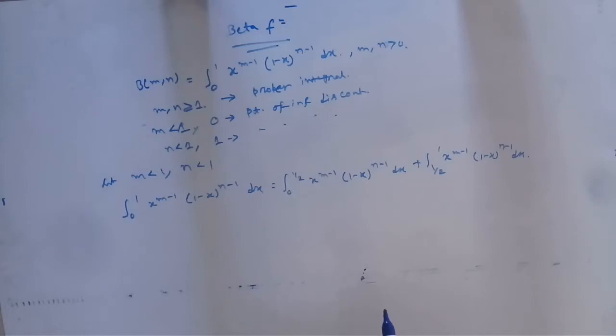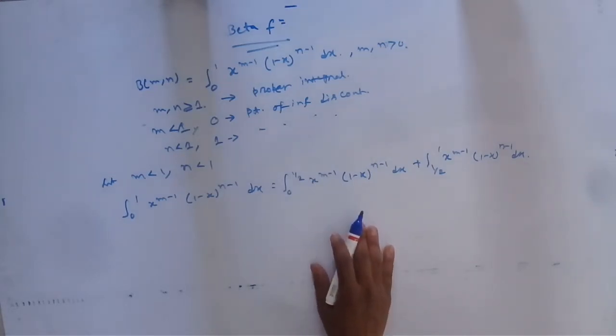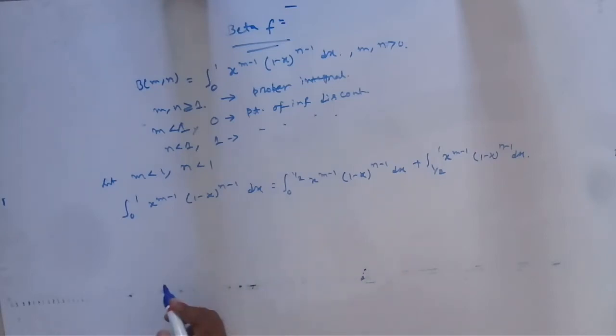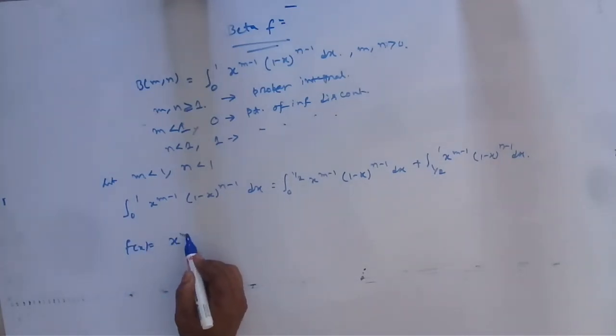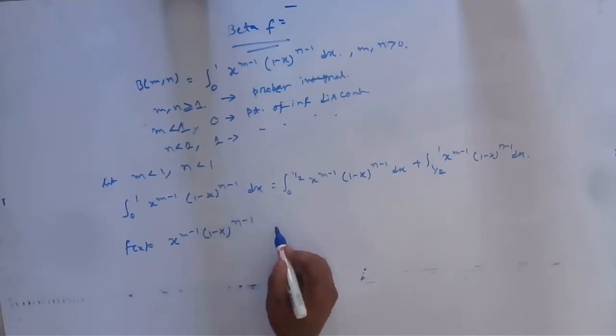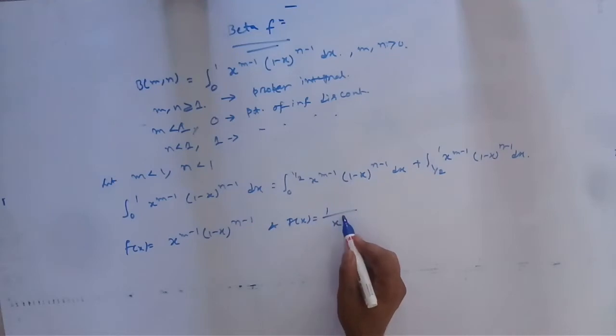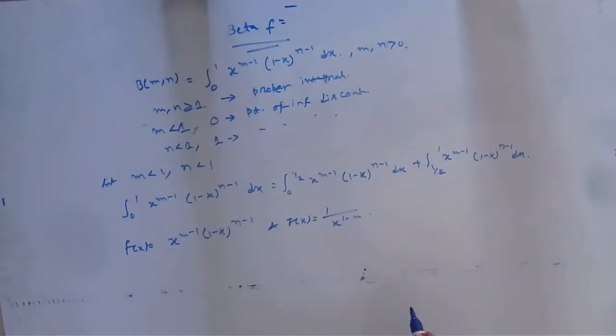Now to test the convergence of the first part at x equal to 0, we take f(x) equal to x to the power m minus 1 (1 minus x) whole to the power n minus 1 and g(x) equal to 1 by x to the power 1 minus m.